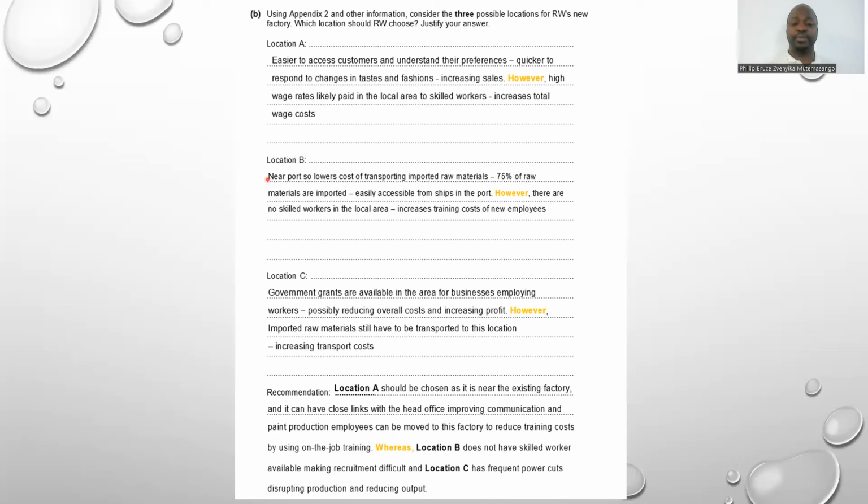location you are in support of and the two locations that you are rejecting, showing why you are rejecting them as well.